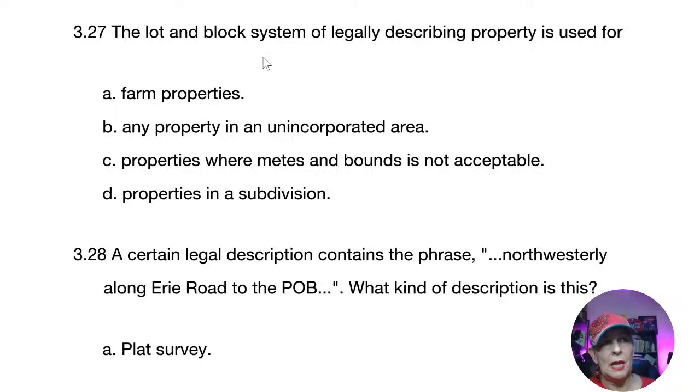I'm freezing. Okay, the lot and block system of legally describing property is used for A, farm properties, B, any property in an unincorporated area, C, properties where metes and bounds is not acceptable, or D. Okay, so what did I say? Within the city limits is where lot and block is used. So like, let's say you're walking, right?